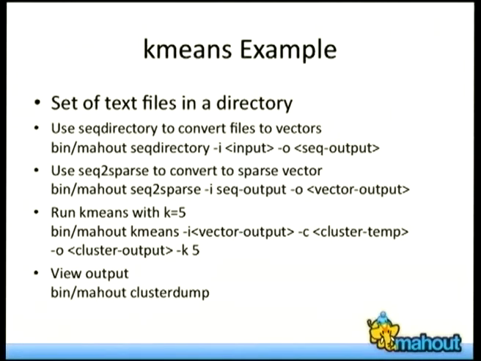It will output the sequence file. Then you use seq2sparse to put out a sparse vector, which is really just a nicer and more compact way of expressing that vector, where if a particular word is 0, it's not actually included, to make it really long. And then you can just run k-means by specifying the vector input, where the output is.